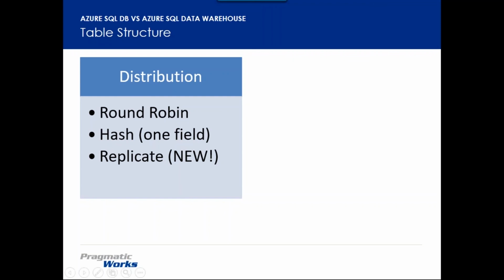If I had, let's just say, 10 years of dates, I wouldn't really want to spread those dates across the individual distributions. The query will run and it'll run fine. But if the query had all of the date data available on its distribution, it would not have to go across distributions to get the date data. So with the replicate option, which again is new in the Azure Data Warehouse, we can store a copy of a table on each of the 60 distributions to hopefully improve performance.